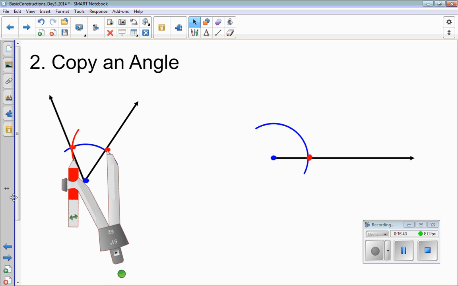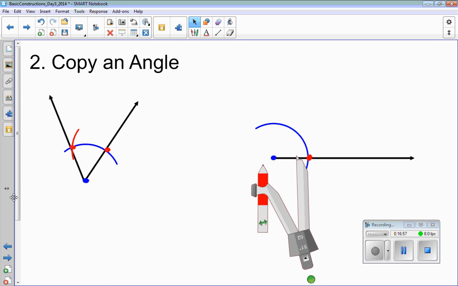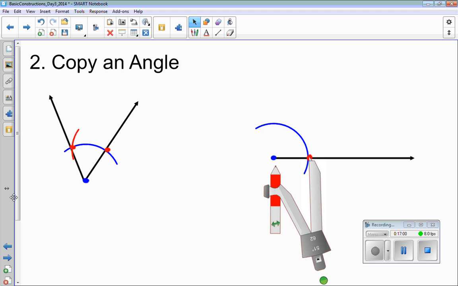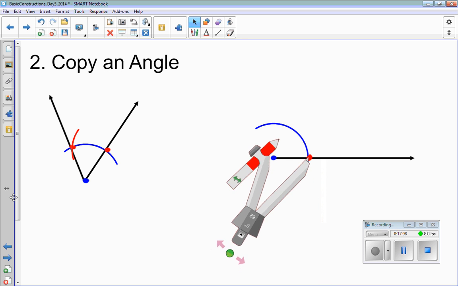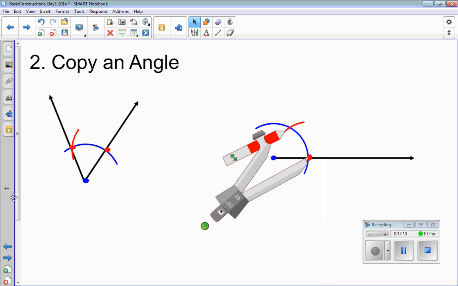So I made a little X. I would recommend doing them not on your binders because they're crooked, but on the actual table, just as a hint, okay? Once I've made this arc, I'm going to slide it over here, and I want it to look exactly like that one. This one has a little X over here. So I'm going to move my compass so that it has a little X right here as well.